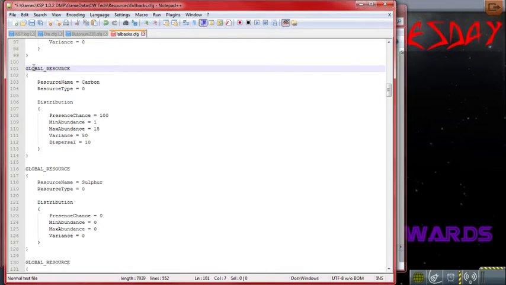So it goes biome resource at the top, then it falls back to planetary resource, and if there isn't a planetary resource defined, it falls back to global resource. If there isn't a global resource defined, then the resource doesn't exist. And that's how regolith works, and that's how the resource system in 102 works.